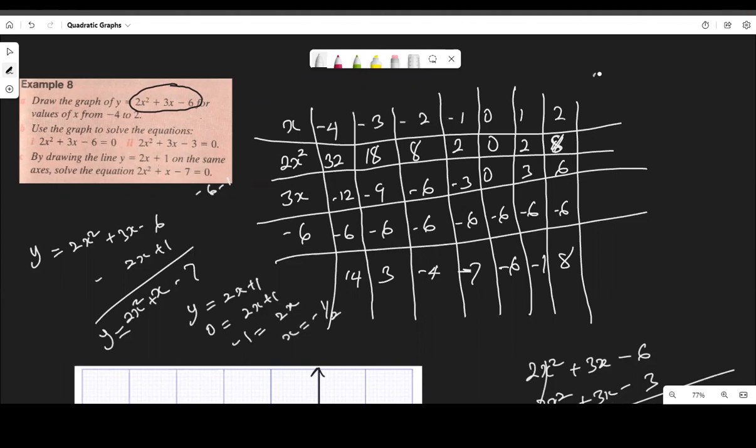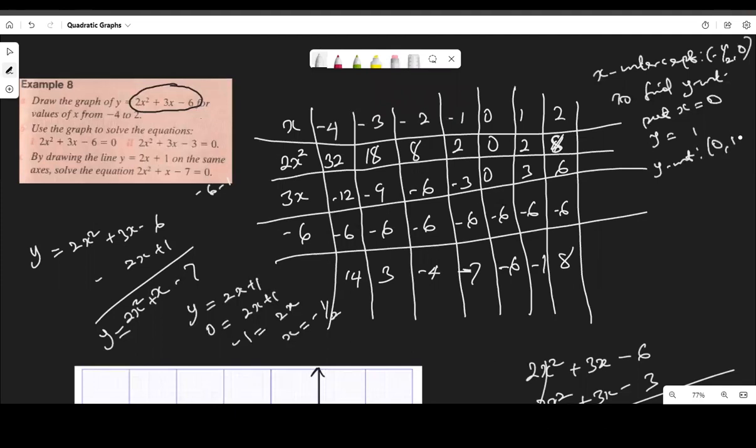And the x intercept, therefore, will be minus half and 0. Now to find the y intercept, we put x to be 0. If I put x to be 0 here, y will be 1. So the y intercept will be 0 and 1.